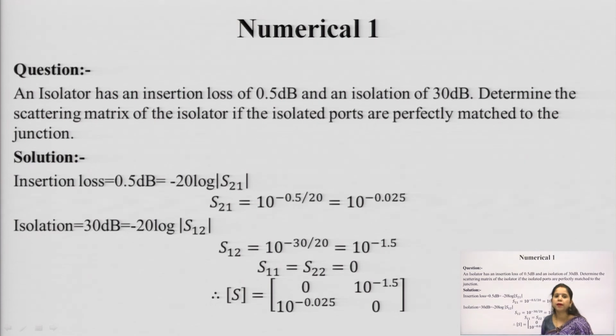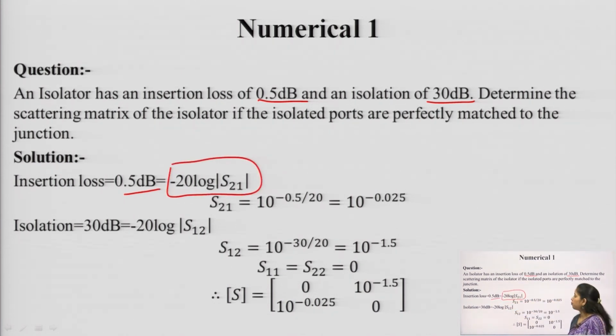Now, let us do one numerical based upon the isolator. This isolator has an insertion loss of 0.5 dB and an isolation of 30 dB, and we must determine the scattering matrix. Insertion loss of 0.5 dB can be written as minus 20 log S21.